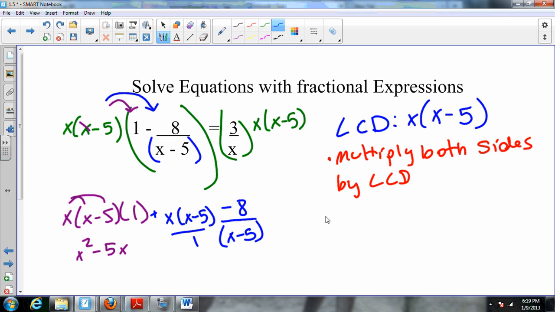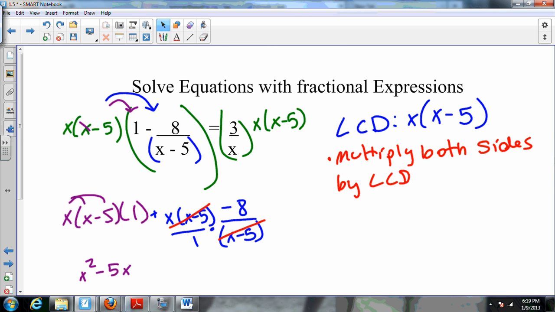Okay. We learned in the previous lesson if there's a common factor, it can cancel. So this goes to just x times negative 8, which is negative 8x. On the right side, 3 over x times x minus 5.